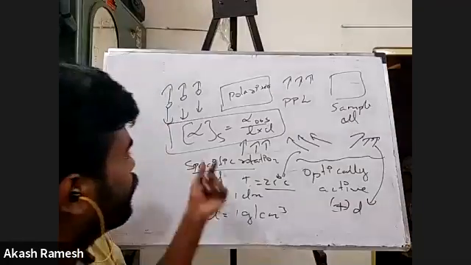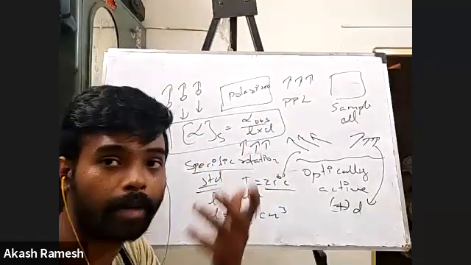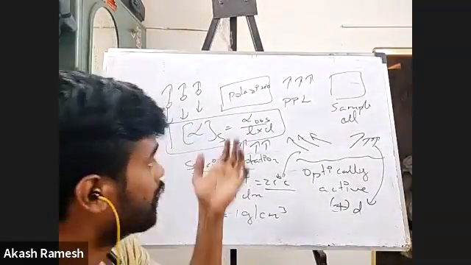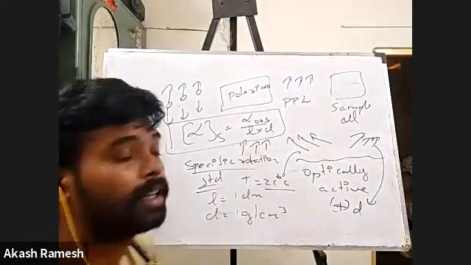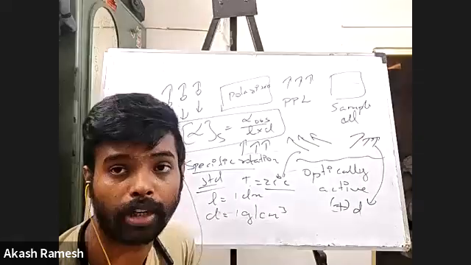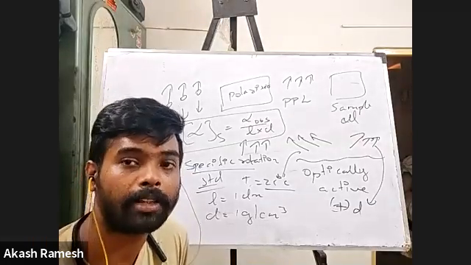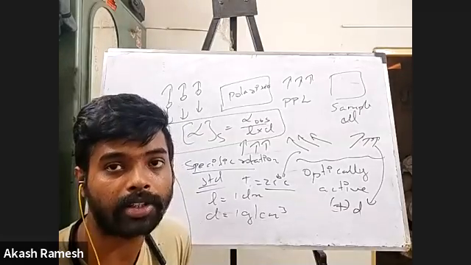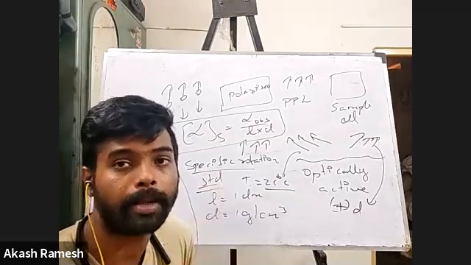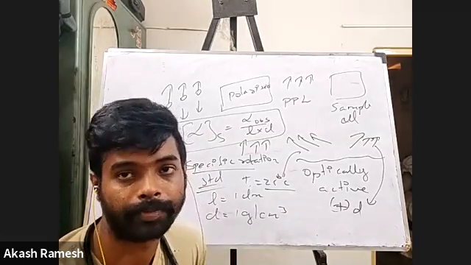So this alpha s is the specific rotation, and alpha observed is what you observe in the non-standard conditions, divided by the length of the sample cell into the density of the sample, or say the concentration of the sample. So even if you don't follow standard conditions, whatever you observe can be connected to calculate the specific rotation of the molecule.